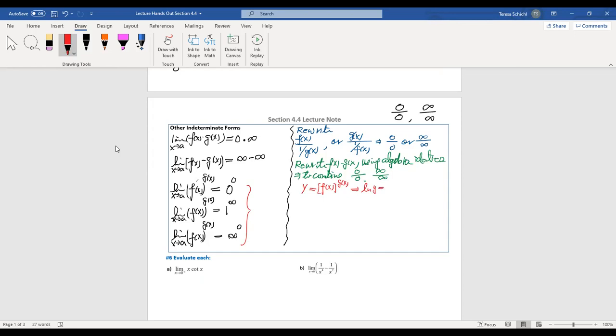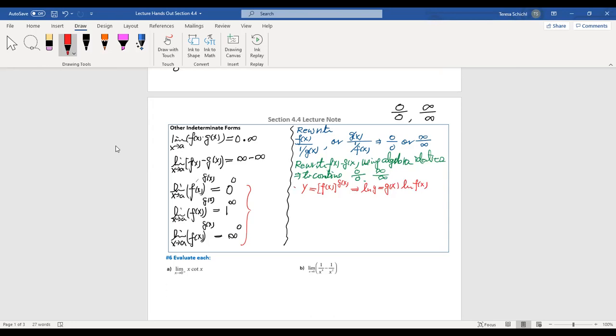The natural log has this good property: the g of x can be moved to the front, giving g of x times the natural log of f of x.